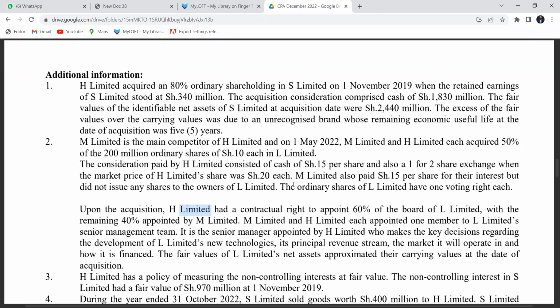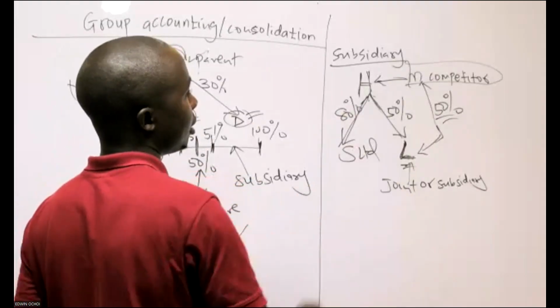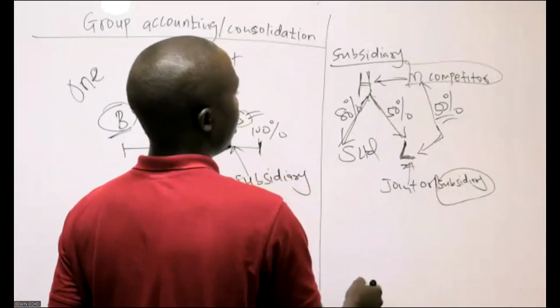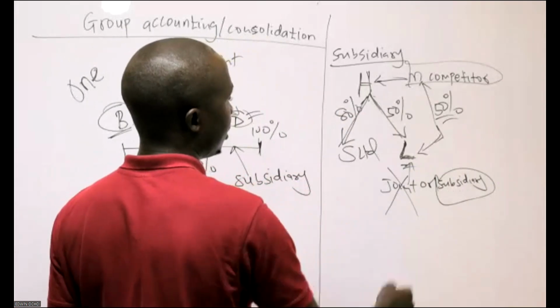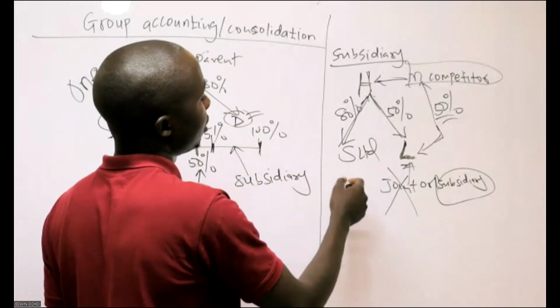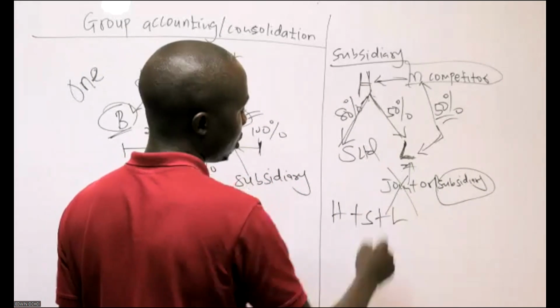So meaning that H has more rights in L, unlike M. So when H will be consolidating, this company L will be considered as a subsidiary, not a joint venture. So on the consolidation, H plus S plus L will be added together.